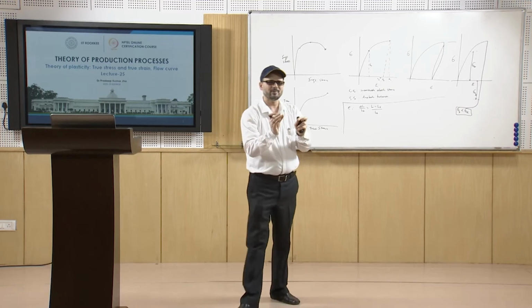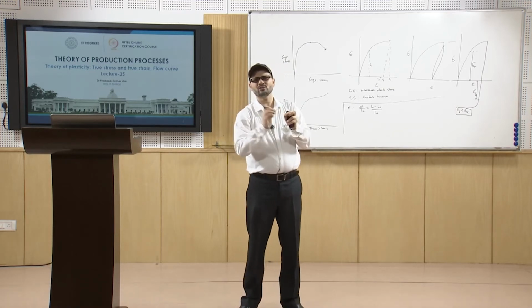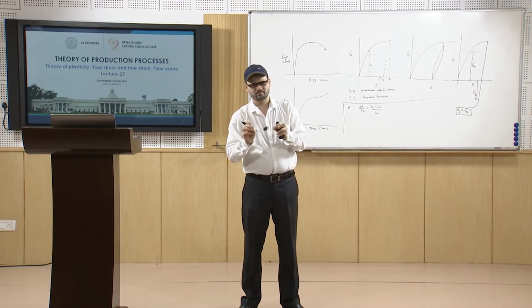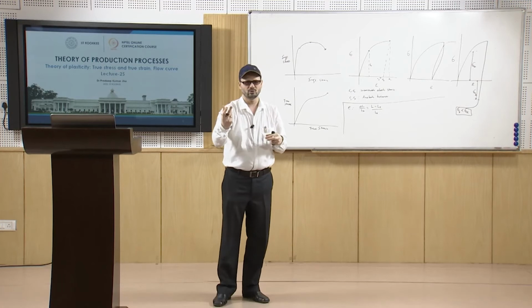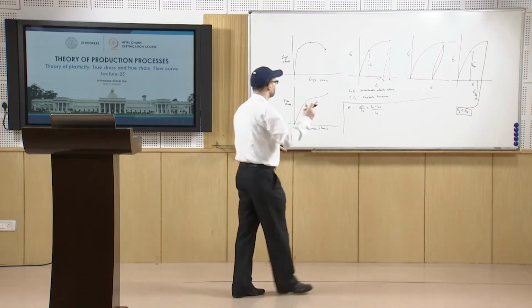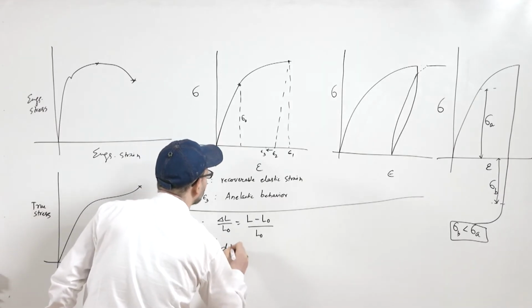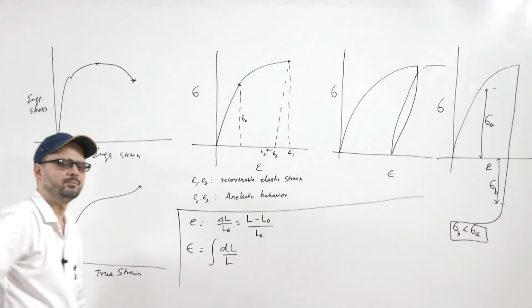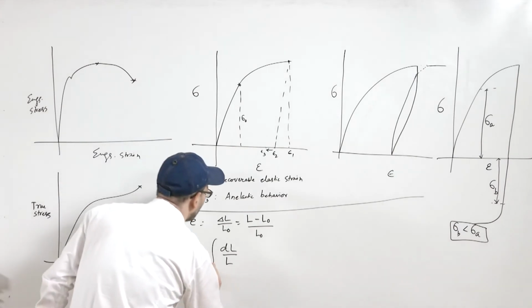So this time it will be divided by L naught, but next time it will be from L1 to L2, so in the denominator it will be L1. In the next instant it will be to L2. So basically that is changing, it is a variable. In this case, we do the integral. Since L is a variable going on changing, it is from L naught to L.